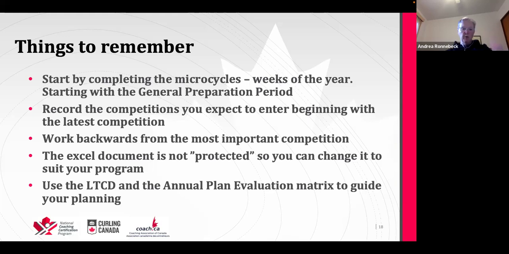Use the long-term curling development model, which is also on the website, and the annual plan evaluation matrix to guide your planning. Your yearly training plan is not due immediately. You have time to identify competitions and work backward from there. You'll have the opportunity to compare your work to the evaluation matrix and ensure that it meets all expectations.